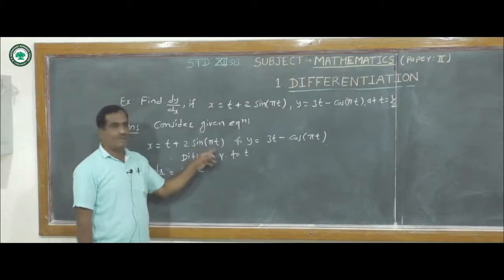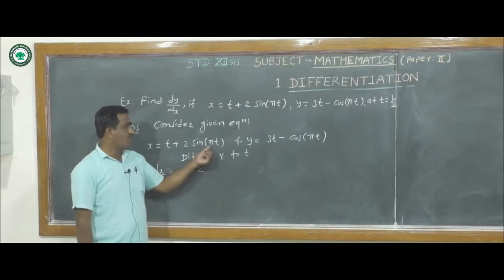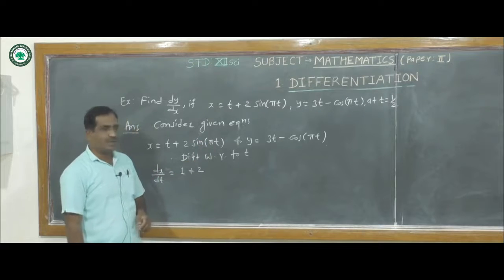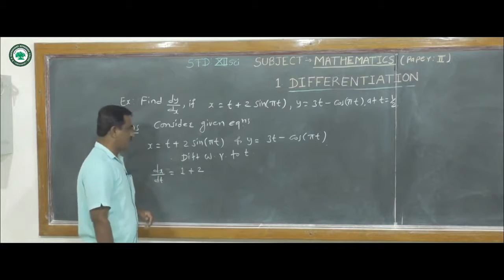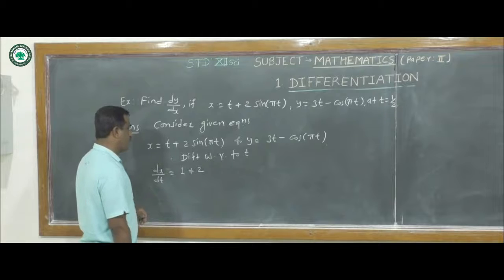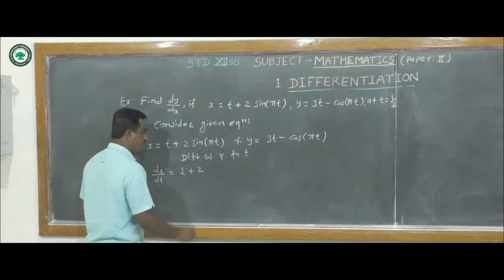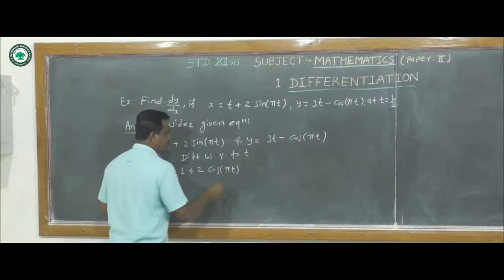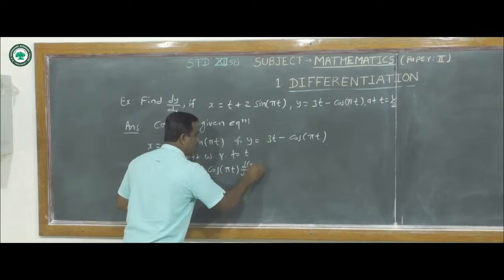Suppose this is a composite function, and we know that the derivative of sine of f of x is cos of f of x into f dash of x. Using this formula, the derivative of sine of pi t with respect to t is cos of pi t into the derivative of pi t.